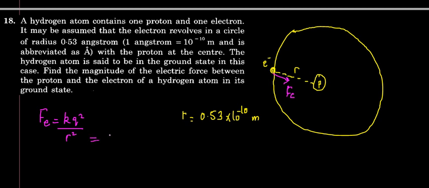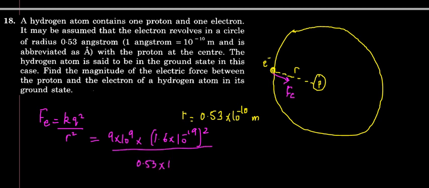So instead of k we write 9 times 10 to the power of 9. Q, the charge on a proton and an electron, is similar, and that's 1.6 times 10 to the power of minus 19. You take a square of this, divided by the distance squared, that is 0.53 times 10 to the minus 10, whole squared, this many newtons.